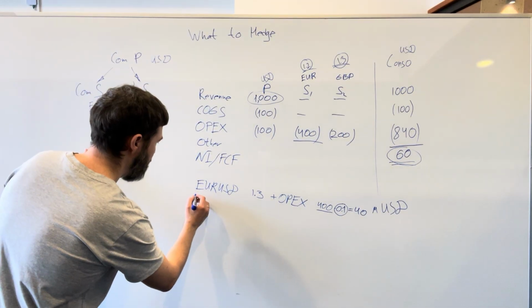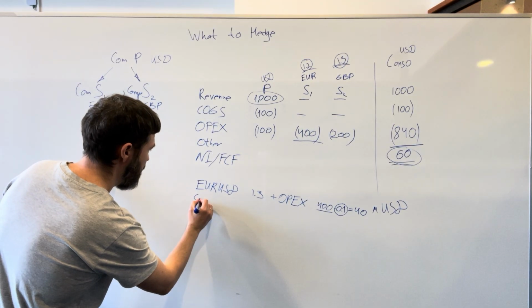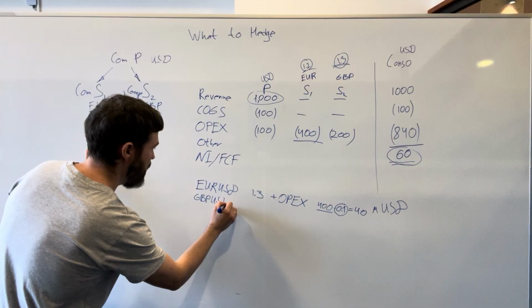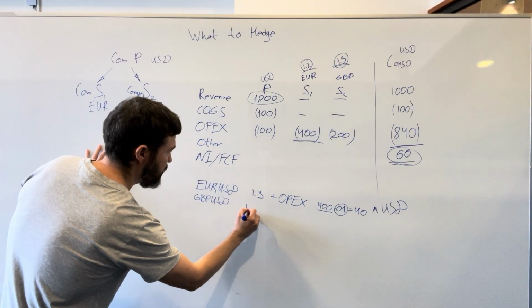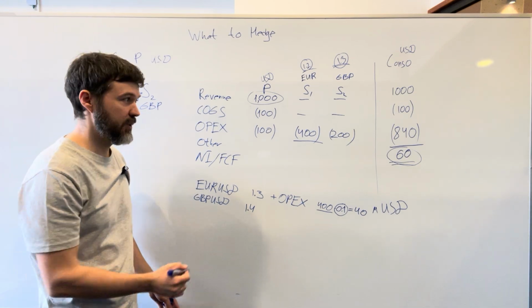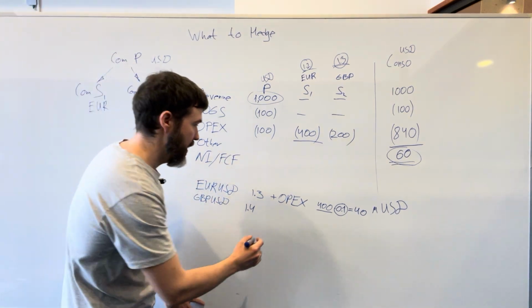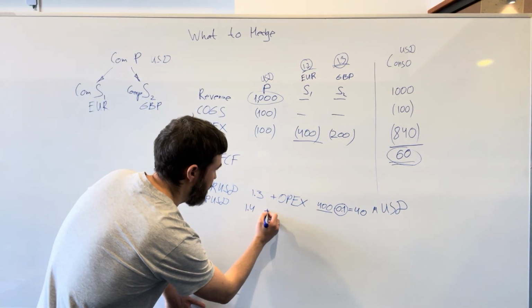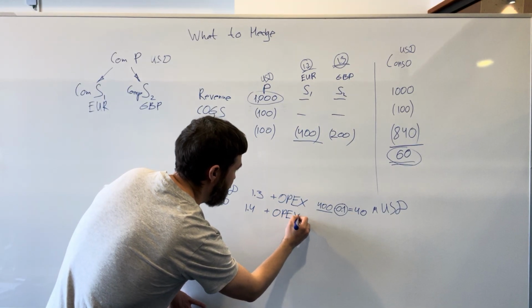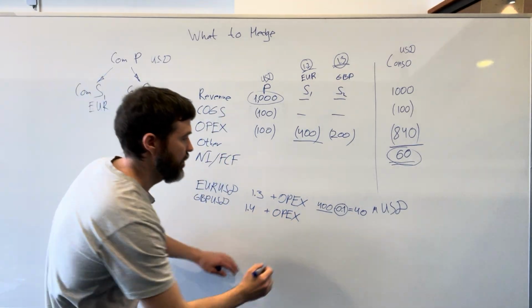Okay, what about GBP to USD? If it goes in the wrong direction, and by wrong I mean wrong for you, as you're anticipating something and it goes in another direction, you will end up having additional OPEX here as well.